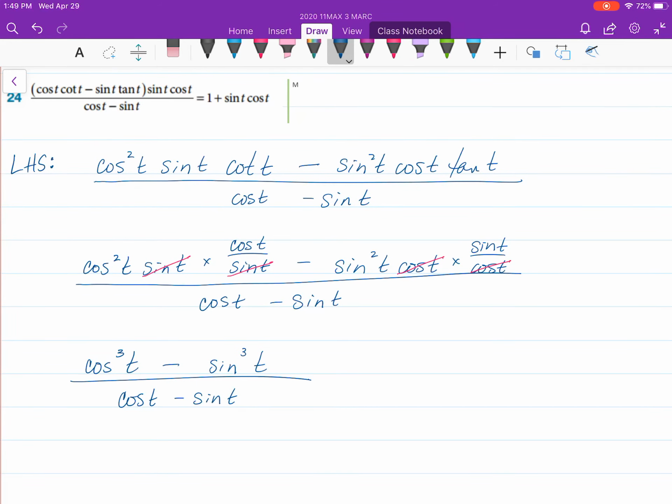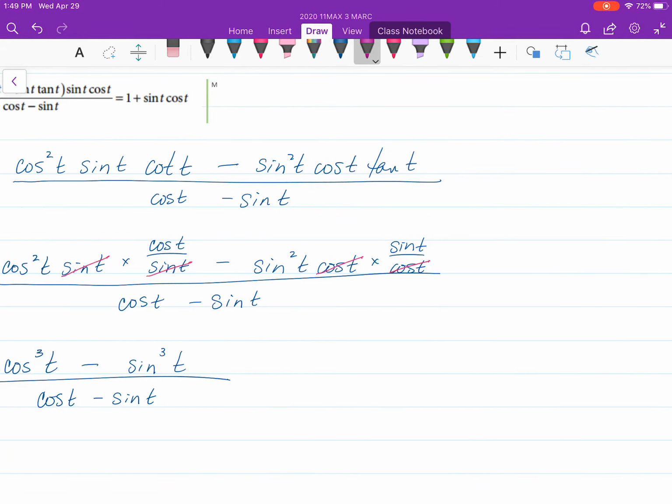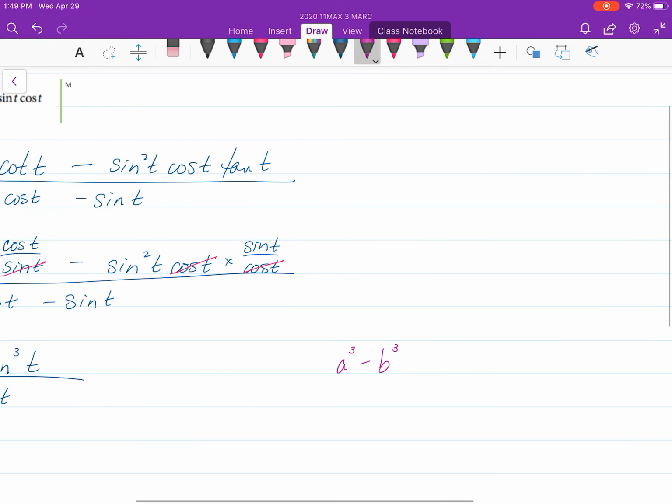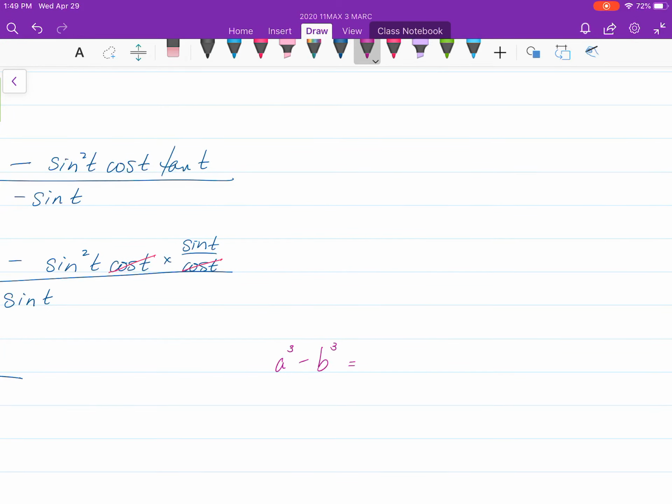So I need to recall that if I have a cubed minus b cubed, I've got this thing that we called SOAP in order to help us factor. SOAP was uncubing the first term, uncubing the second term. The S for SOAP stands for same.